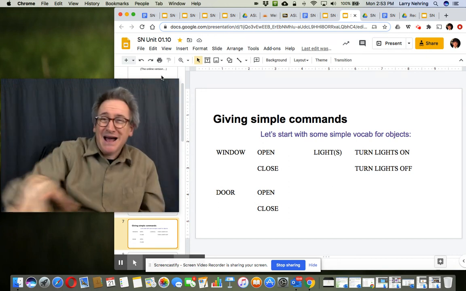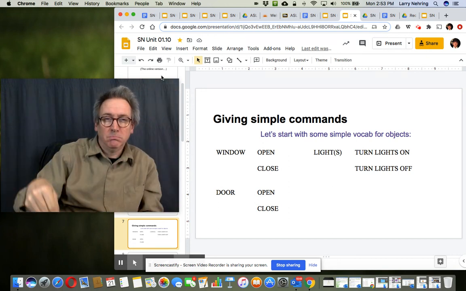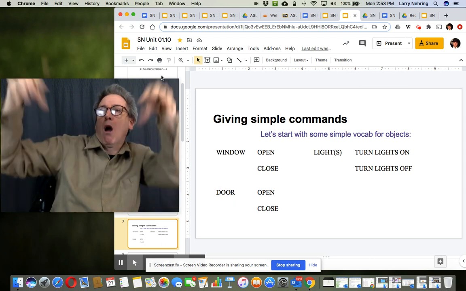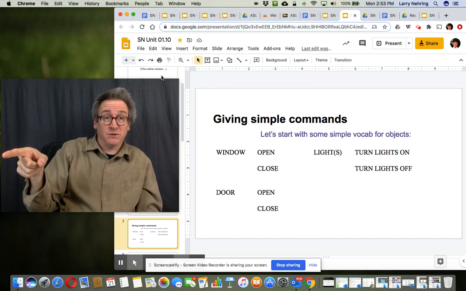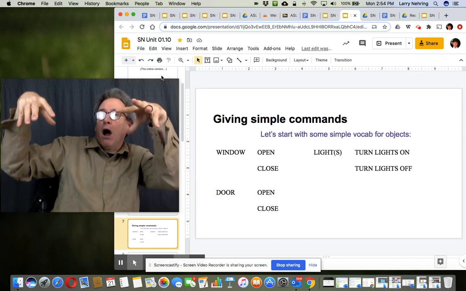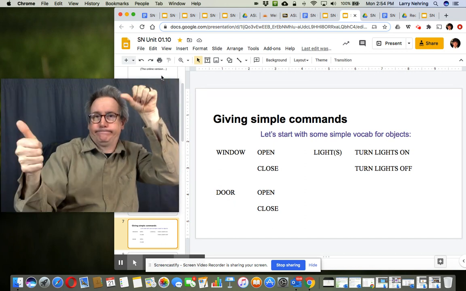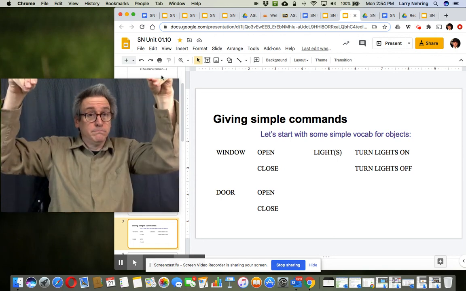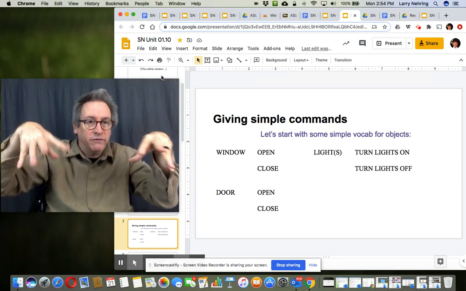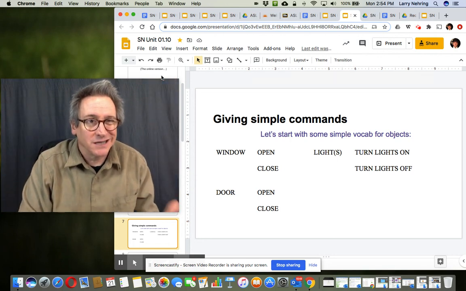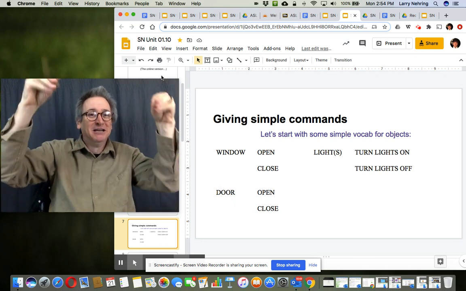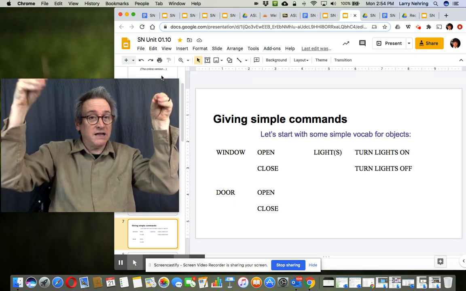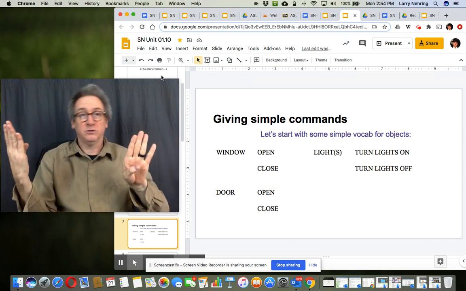So in the classroom, I would point to whoever's by the light switch. Ironically, this one is oftentimes hard to do because the lights are off and we're in the dark. If there's enough light that you can see when I'm signing, so lights off, lights on. Door open, door closed.